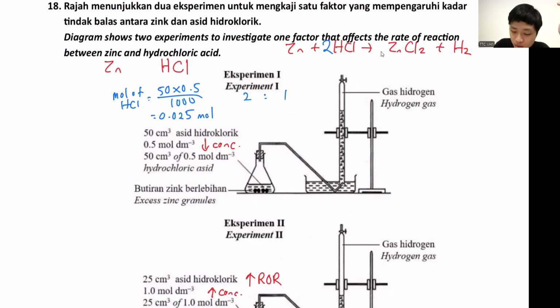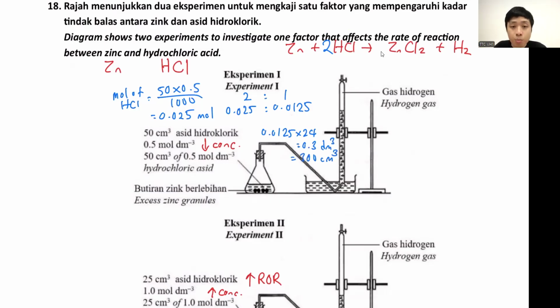So 2 to 1, you take 0.025 divided by 2, and you get 0.0125. Then you multiply 0.0125 by 24, and you get 0.3 dm cube, which means 300 cm cube.